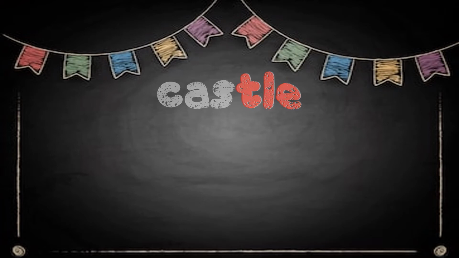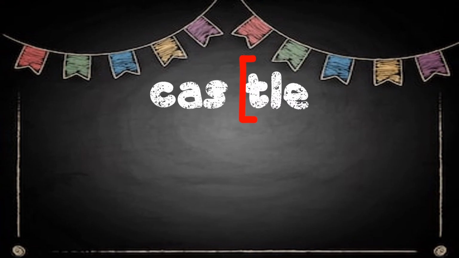We're going to bracket it off, and we cross out our E because it is silent. But in the word castle, I do not hear the letter T. It is also silent. So we're going to cross it out too. And let's put our accent mark after our first syllable.